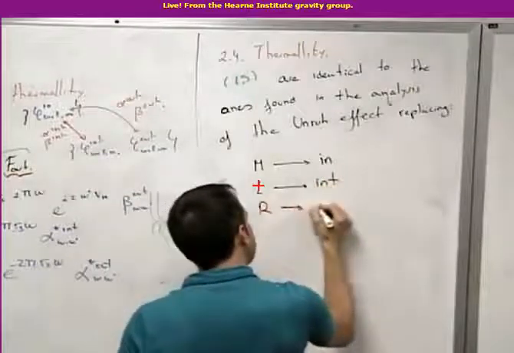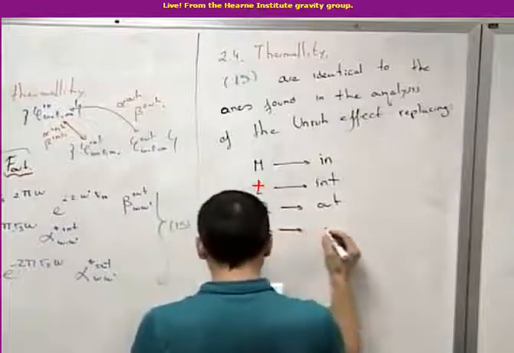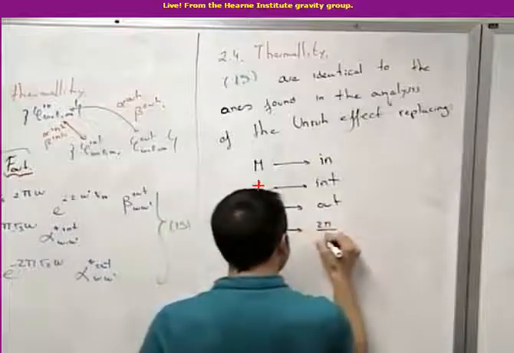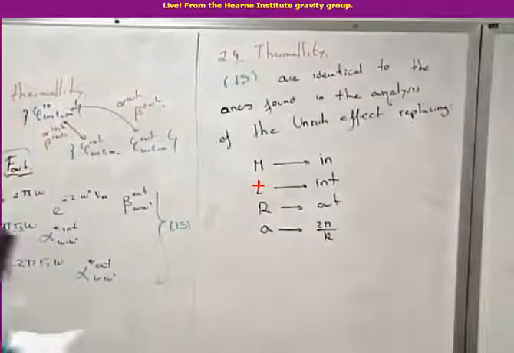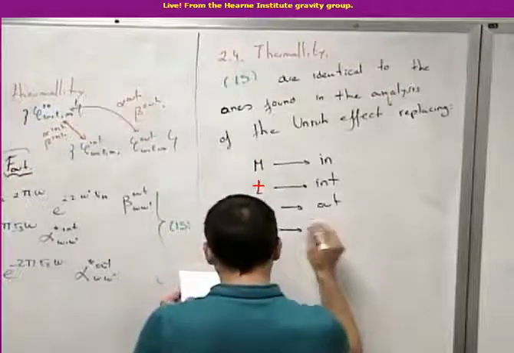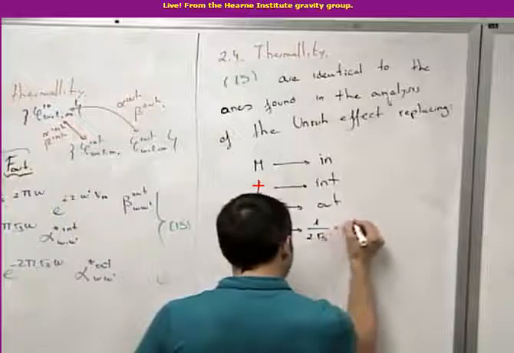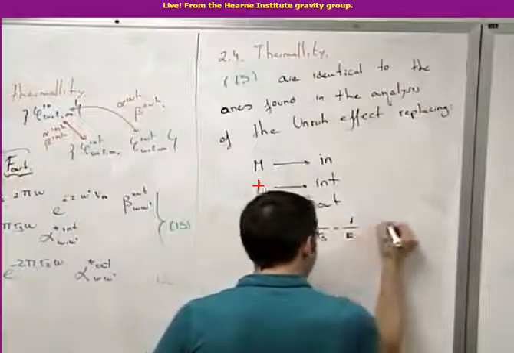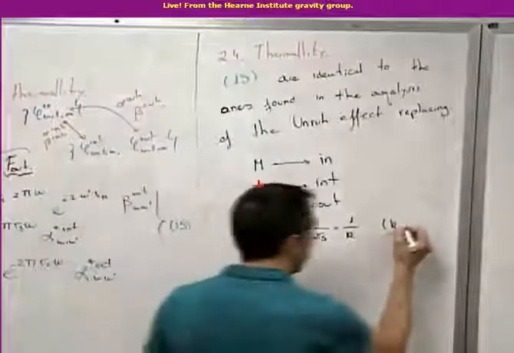Right by out. And the acceleration, we have to replace it by 2 pi over kappa, by 1 over twice the Schwarzschild radius, which is 1 over kappa. Remember that kappa was the surface gravity of a black hole, and we worked it out.